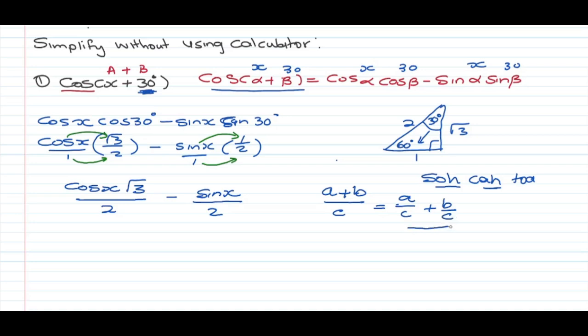So I have it in that form. I can reverse the law and write it in that form. So I can say this is the cos x root 3 on top, then we minus the sine x, and everything is divided by 2. Then that's it. You are done simplifying this problem.